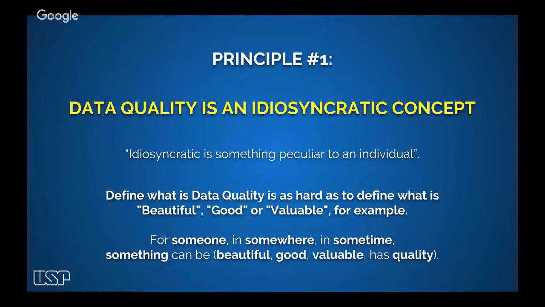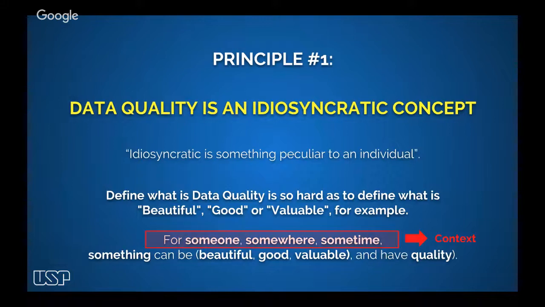What is good for me maybe is not good for you. What's good for me now maybe is not good for me later. So for someone, somewhere, at some time, something can be beautiful, good, valuable, or have quality or not. So determining data quality depends on the context. If I change the someone, the sometime, or the somewhere, the data may have quality or not.